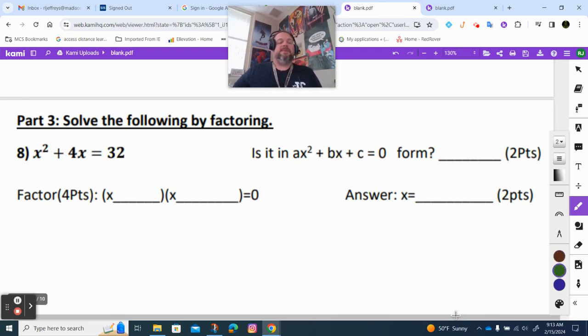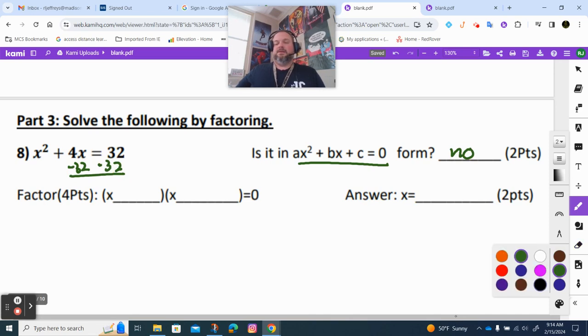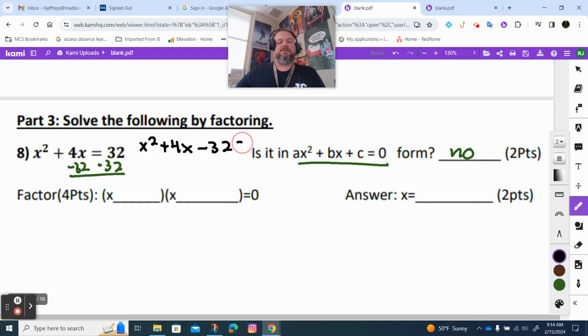Now, number 8. Is this in this form? Yes or no? No. All right. So to get it that way, I have to subtract this 32. So now we have x squared plus 4x minus 32 equals 0. Now, we don't have the boxes that say if the signs are the same or different.